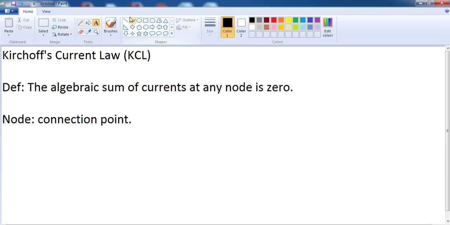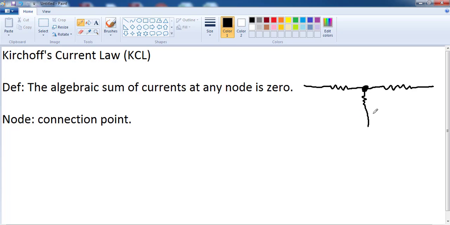So let me draw, then it will be easy to understand. Let's say we do have this type of connection. This part is a connection, right?